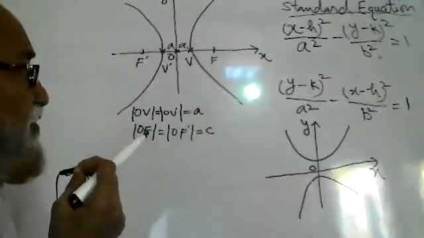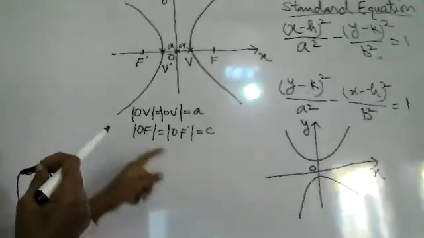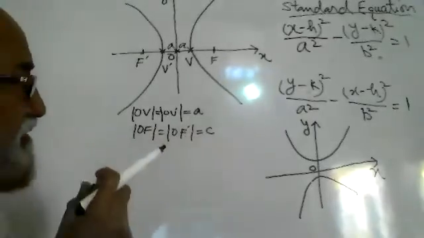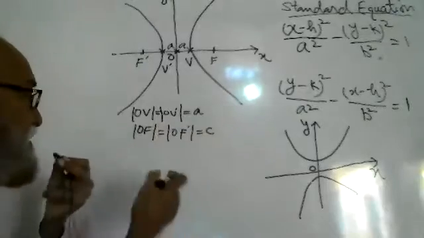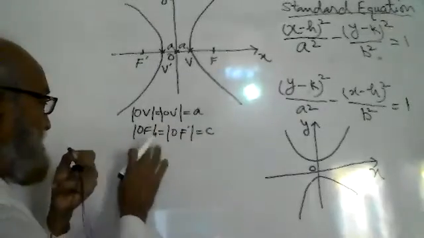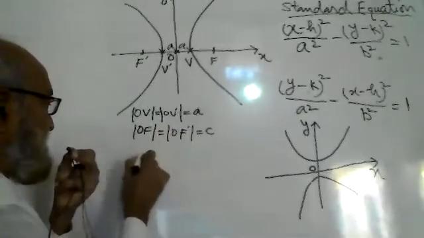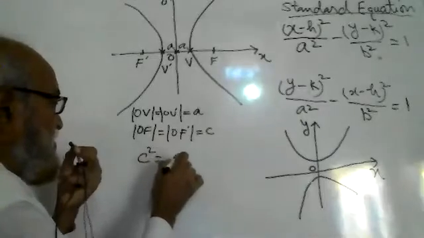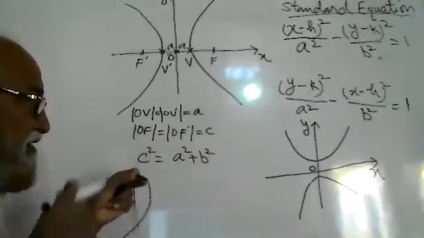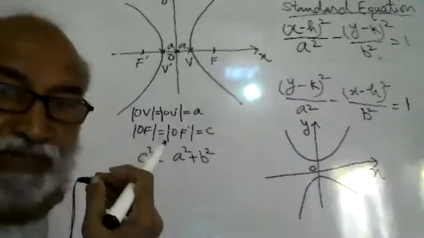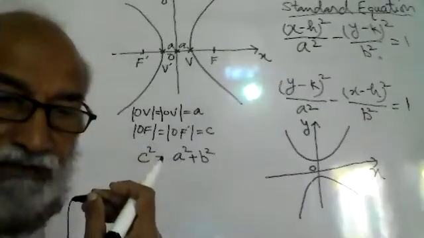Now that I told you A and B, what is the relation between A, B and C? C square is equal to A square plus B square.